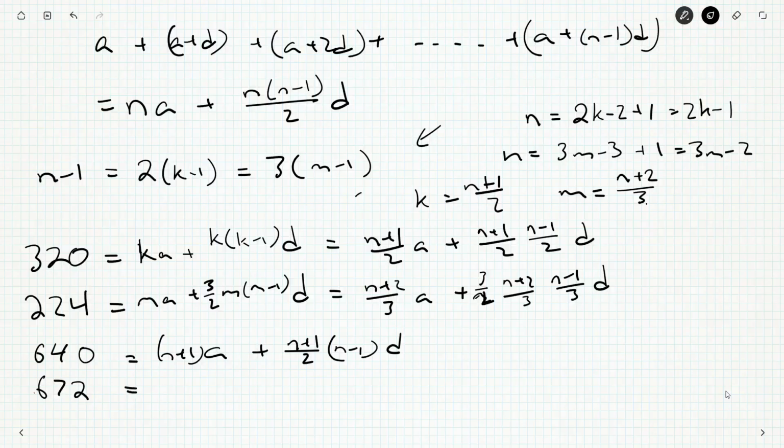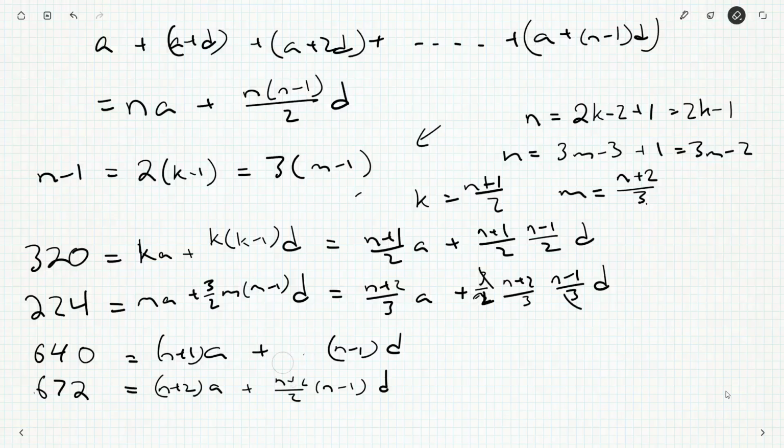672 is n plus 2 a plus, if I multiplied it by 3, we'd have 3 over 2. Oh, the 3's are going to cancel out here. And we'll have n plus 2 over 2, n minus 1, d. I'm going to shift where my over 2 is.